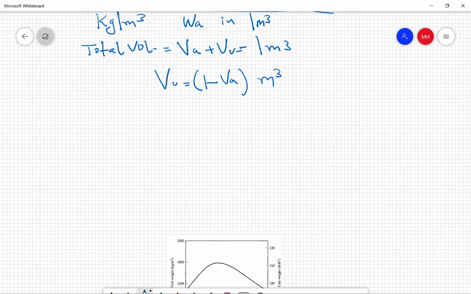Okay, so basically this is the volume of the aggregate, and this is the volume of voids, and the void space.